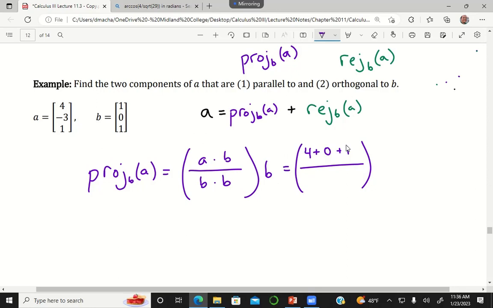B dot B is going to be 1 times 1 plus 0 times 0 plus 1 times 1. And then I multiply that scalar times my vector B, which is 1, 0, 1. So this is going to be 5 divided by 2 times my B vector. So this will be 5 halves, 0, 5 halves.